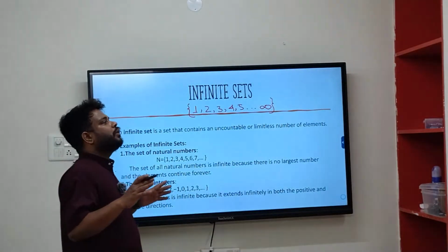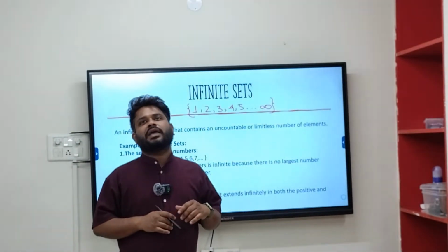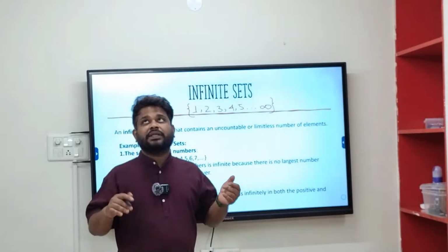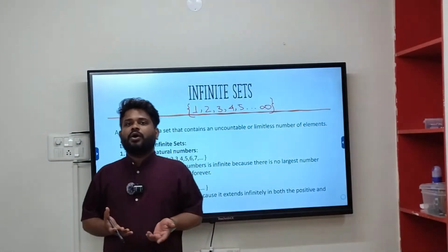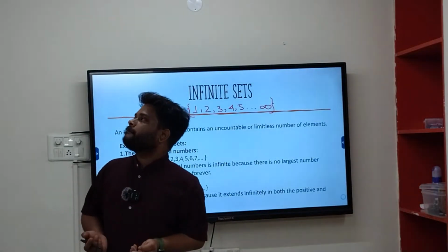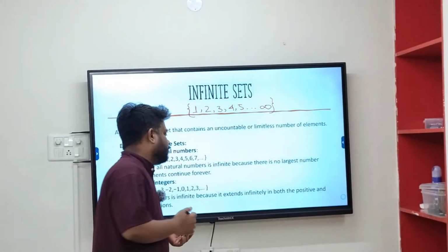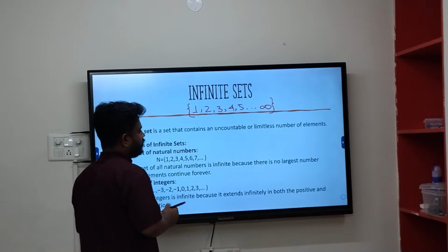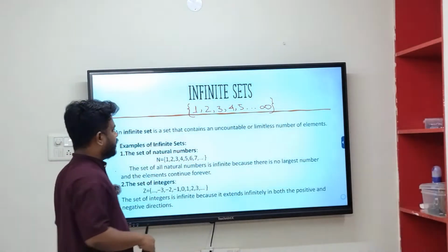In real life, we can also give examples of infinite sets, just like the bacteria present in this environment, which is also an infinite set. Or the rational numbers. In the rational numbers chapter, you have also learned that there are infinite numbers between two rational numbers.